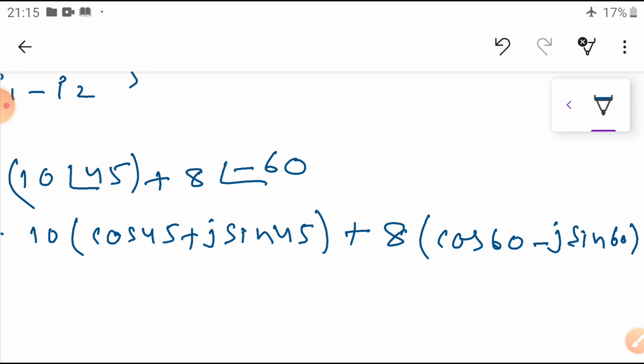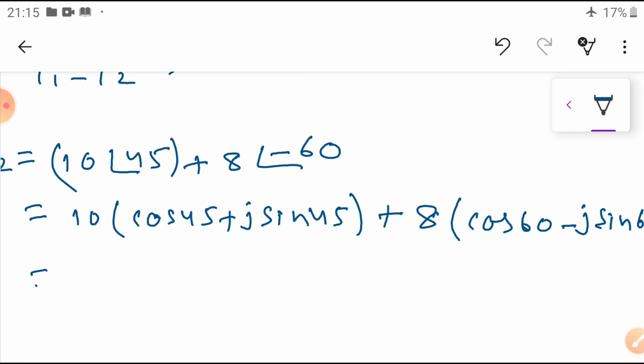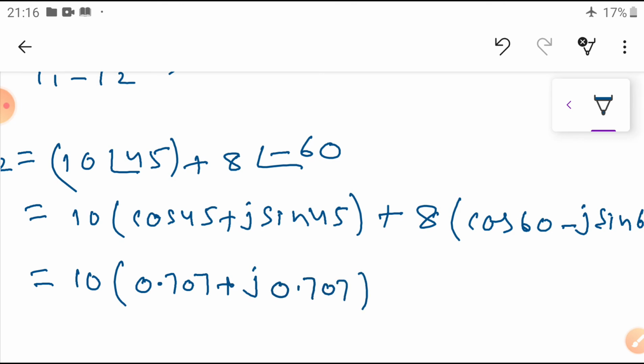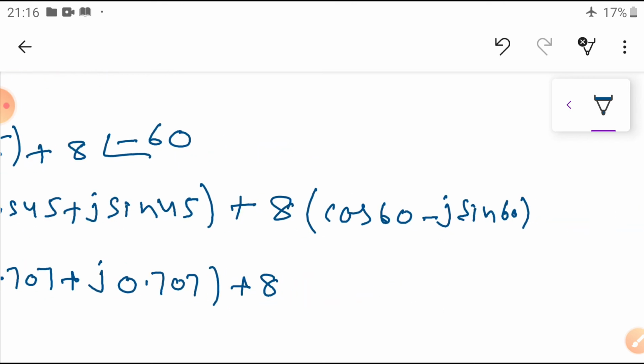Now, simply whatever the values, the cos 45, you can write 10 cos 45, you are going to get 0.707, plus j sin 45, also 0.707. And plus 8 cos 60, cos 60 is equal to 1 by 2, and sin 60 is root 3 by 2.